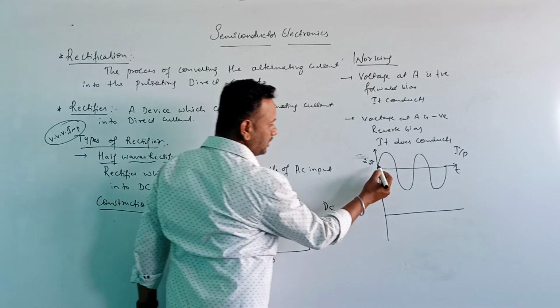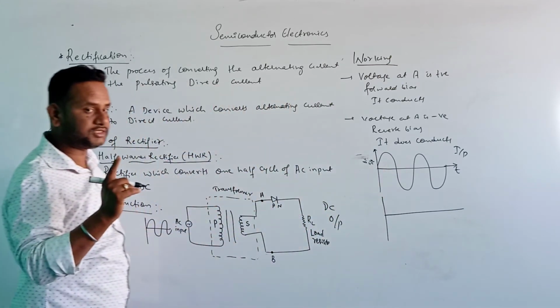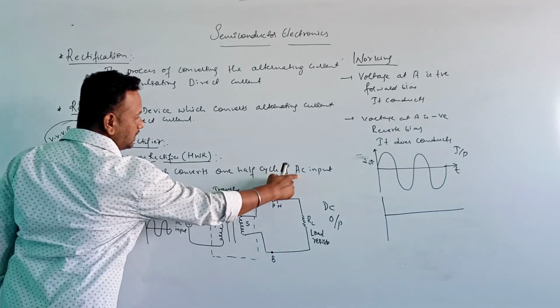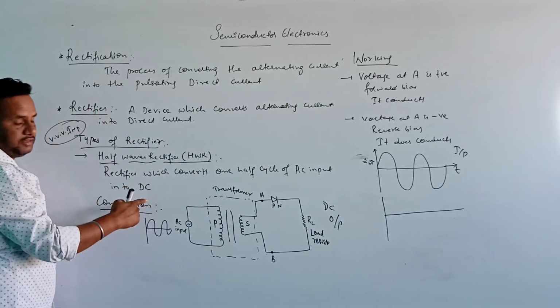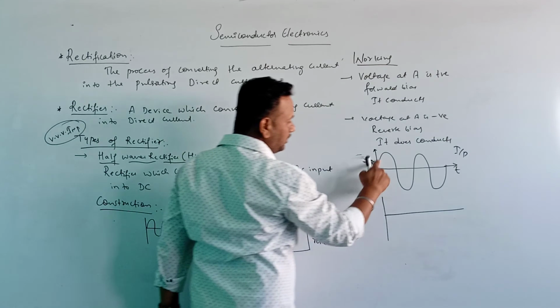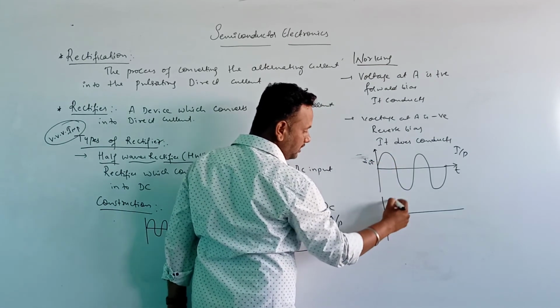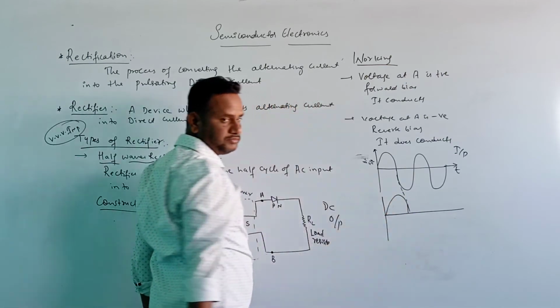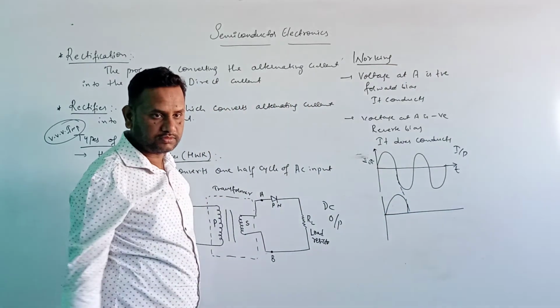So हमारा जो output है, what is our definition of a rectifier? A rectifier converts half cycle of the AC input into DC. So one half of the AC input will come here like this. Okay, understood?